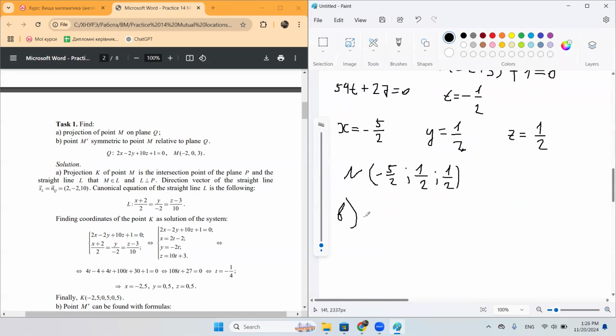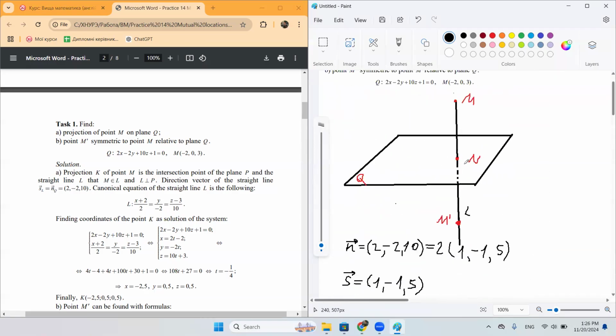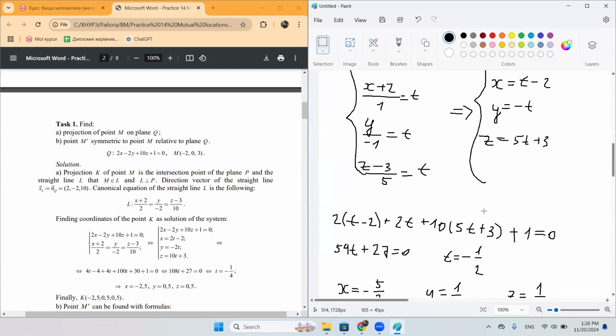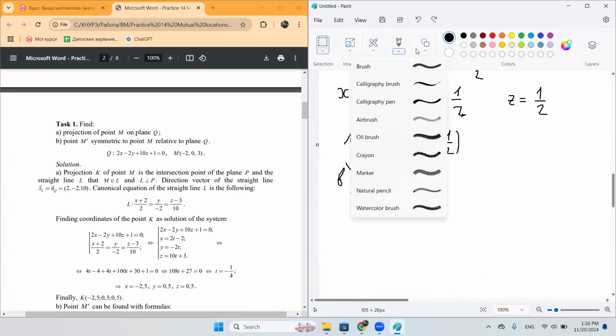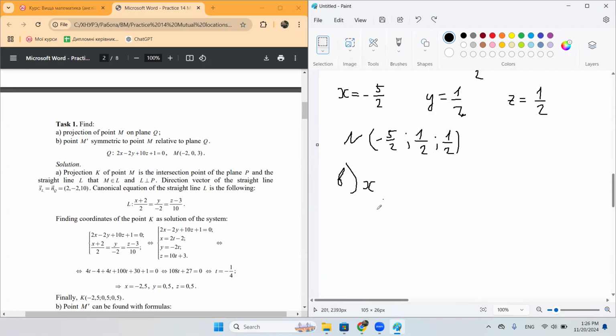So I will write first of all the formula of finding the middle point. Oh, by the way, here are the coordinates of M. So xM plus xM' divided by 2.